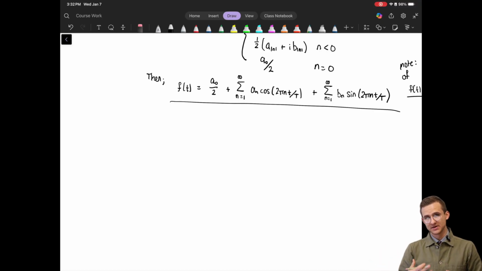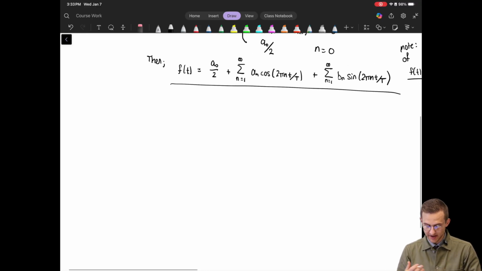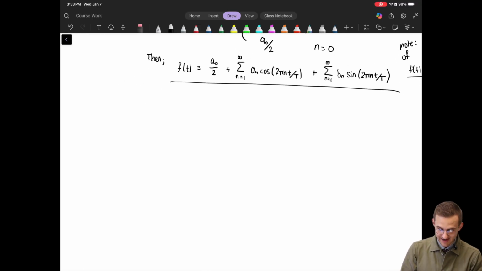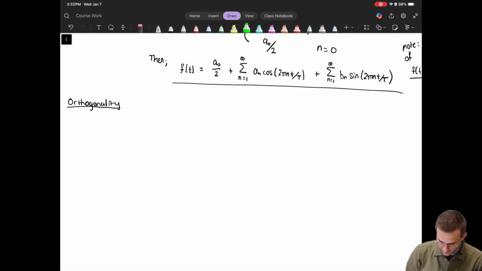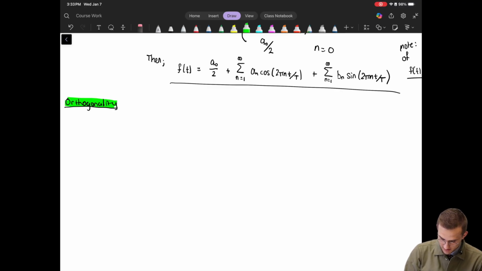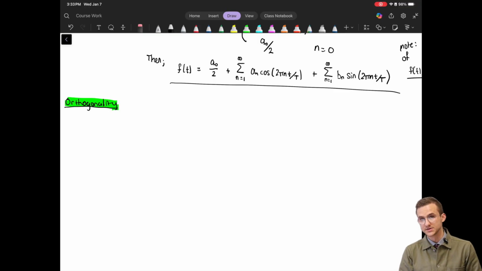But that's really just a statement of results. To motivate those results, or to at least explain a bit about where that comes from, I have to talk about the concept of orthogonality in the context of functions. You are probably familiar with orthogonality in the context of vectors or directions, right? If two vectors are orthogonal, they have a 90-degree angle between them.